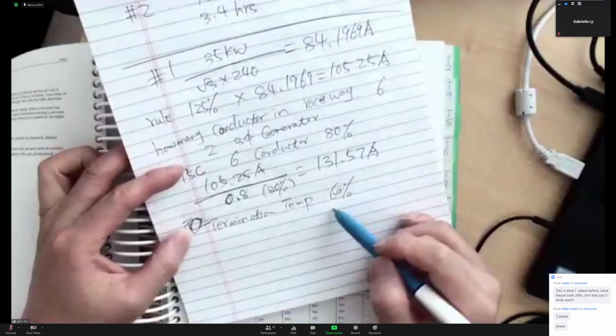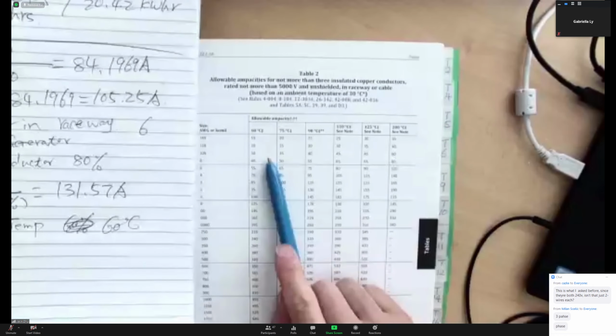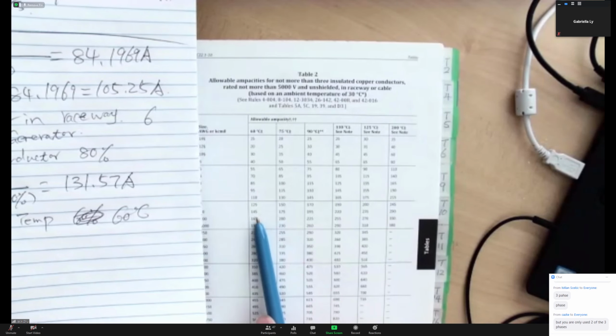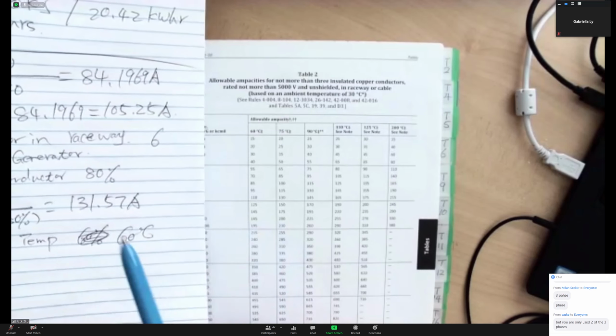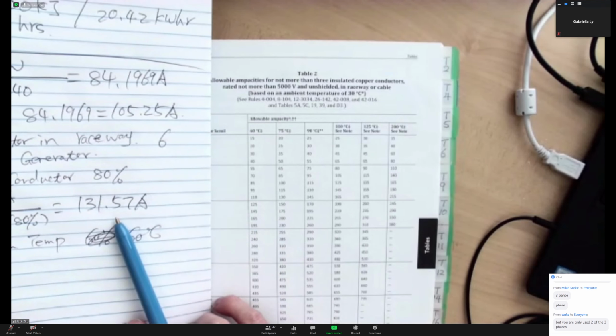You need to find out on table 2, at the 30-degree column, a conductor size to be able to carry 131.57 amps.